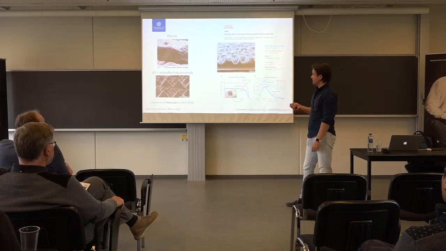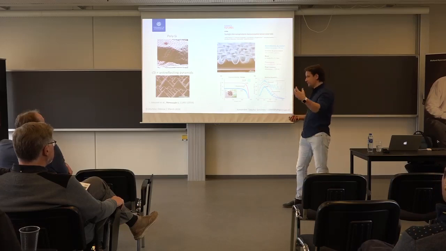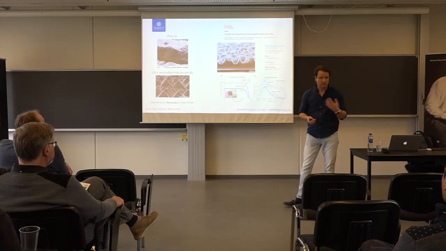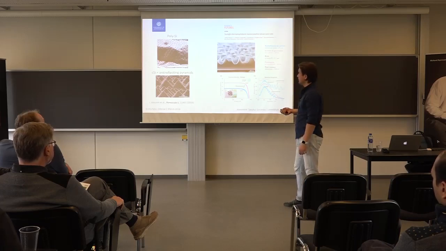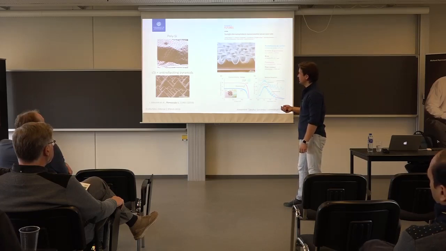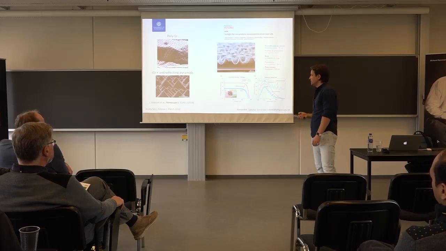If your original surface is flat, you add these holes, they capture light better, you eventually increase the efficiency of the solar cell. In this case, that is the polycrystalline silicon solar cell. Here we actually enhanced quite a lot the efficiency.